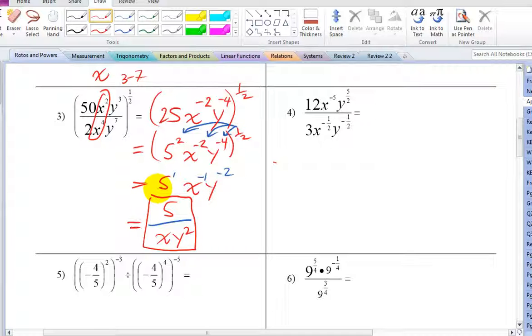Okay. Next one. Okay. So, do your divisions. 12 over 3, that's a nice answer. That would be 4. What's the exponent on the x? Negative 5 minus negative 1/2.